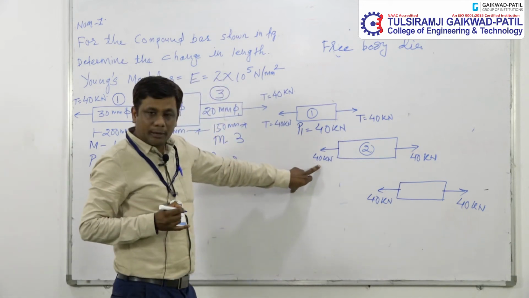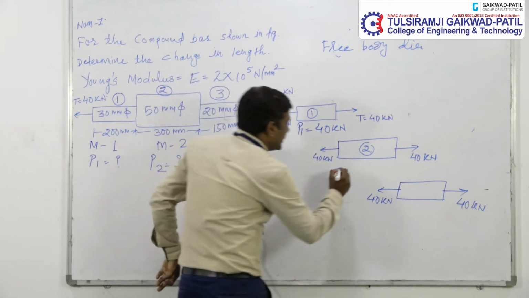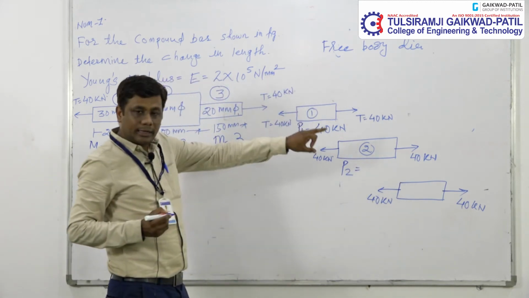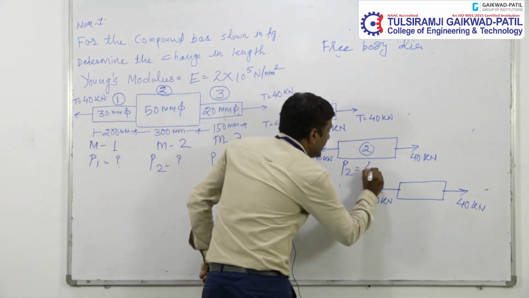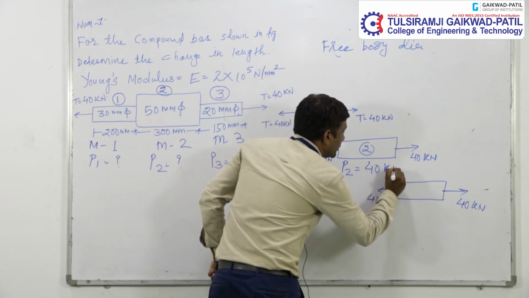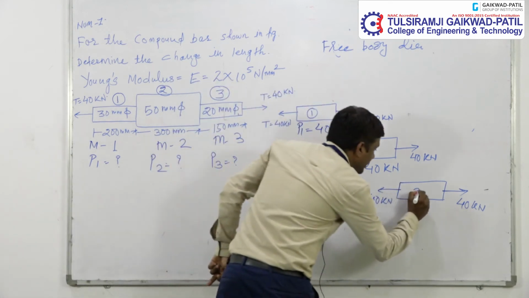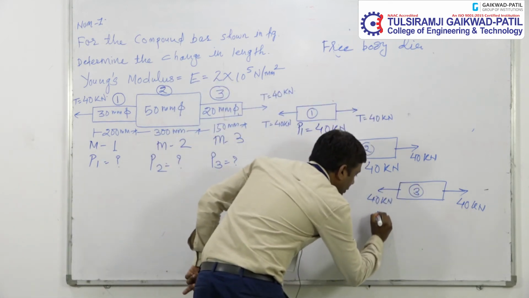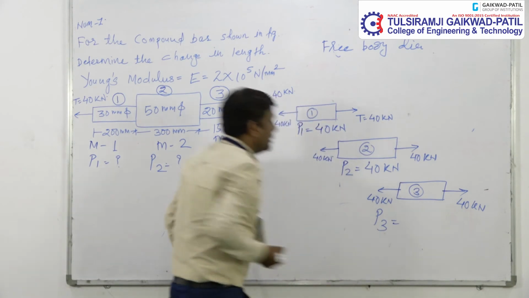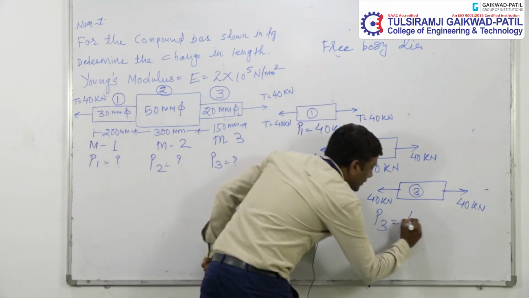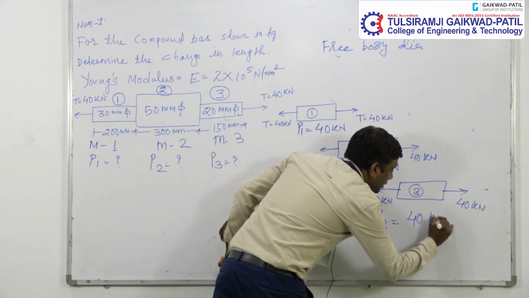For figure number 2, the force is P2, the nature of force is tensile, and its value will be 40 kilonewton. And for the last figure, figure number 3, the force will be P3 and the nature of force will be tensile, and its value will be 40 kilonewton.